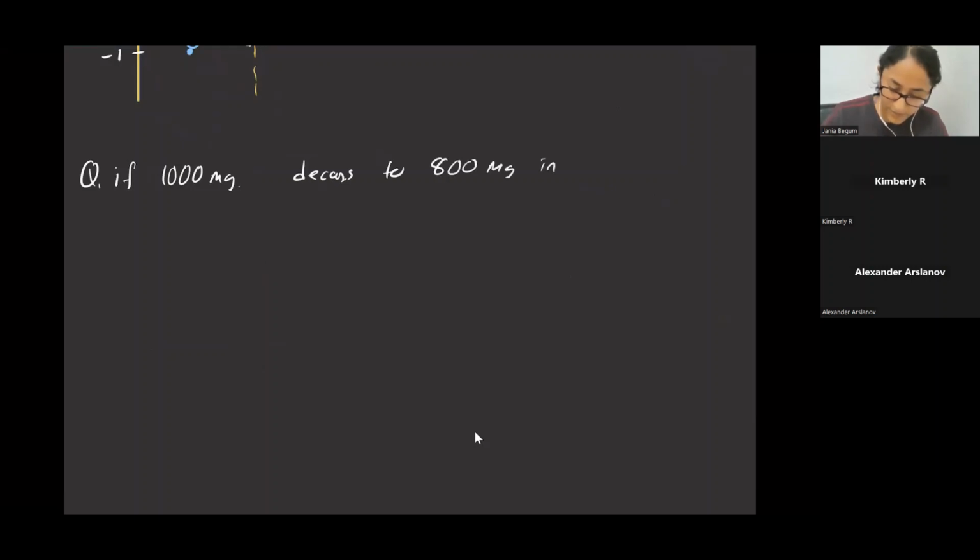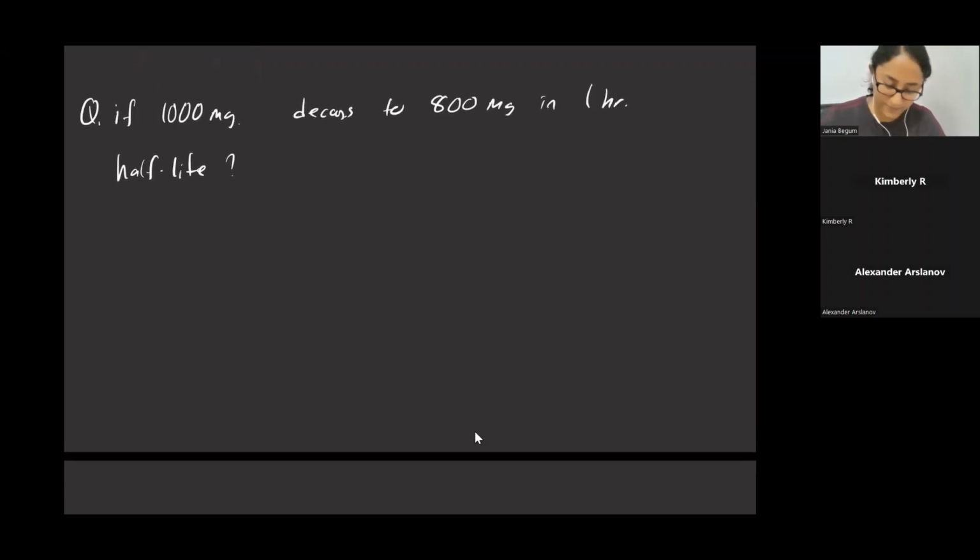800 in 1 hour, and we're looking for half-life. Okay, so the first thing you want to do is figure out the model, based on this given info. The model you're going to use is P of t is equal to P initial times e to the power of rt. So this information means when t is 1, your amount at that time is 800.